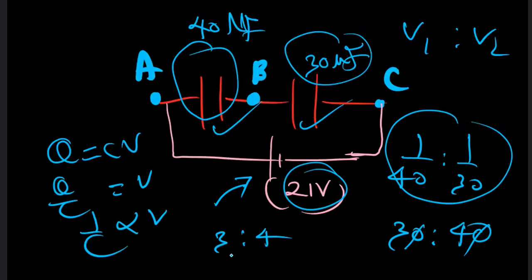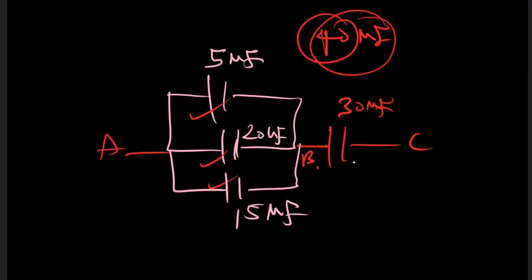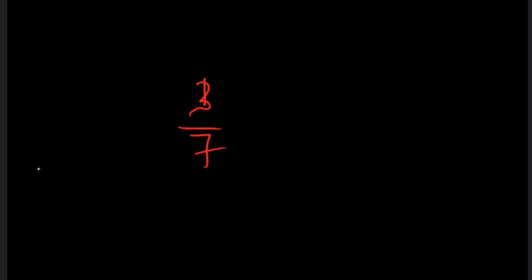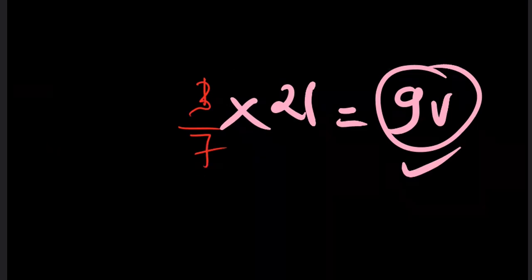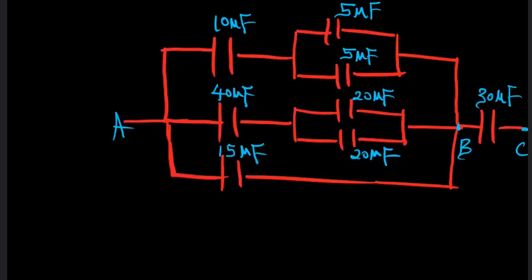The fractions will be 3 over 7 and 4 over 7. Last simplification. So I get 3 over 7 for this 30 microfarad, right? So that into 21, I get 9 volt. So across BC, the potential difference, now we know it's 9 volt.